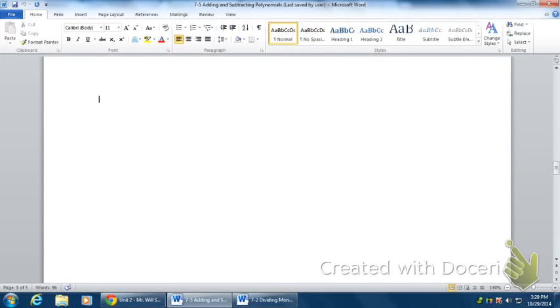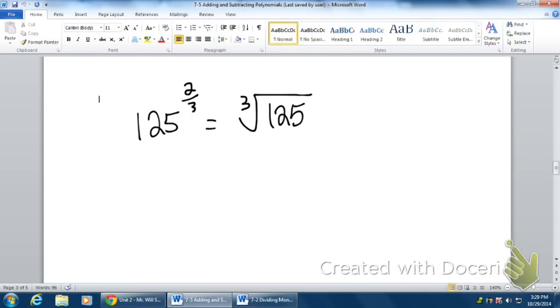Now let's try that same number, 125, but let's change our numerator to 2. Still doing the same steps. Our denominator tells us what root we are finding, so we're finding the third root. Now this numerator of 2 makes me square this number.